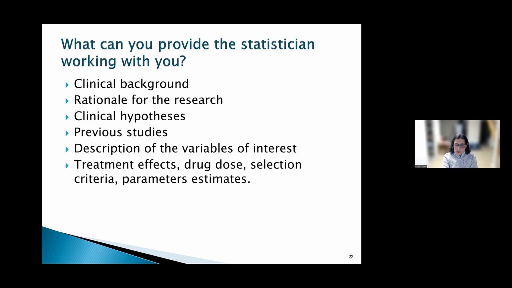Are there other studies that have been done in the same field or in the same population or with the same intervention? What are your clinical hypotheses? And that helps us to understand what are the statistical hypotheses so we can help you with the sample size and we can help you with the statistical section.